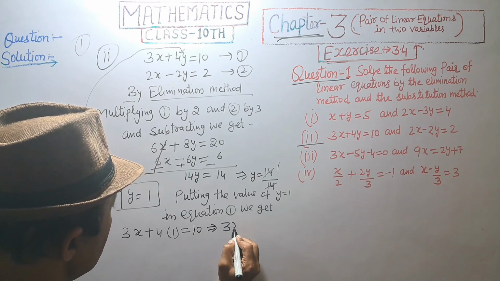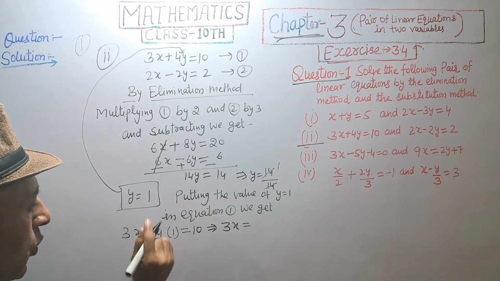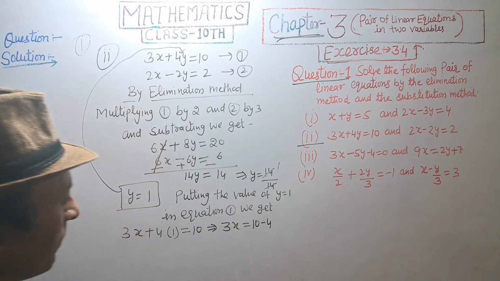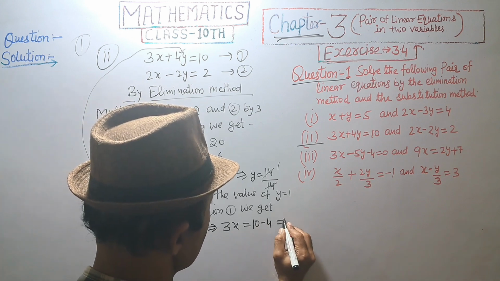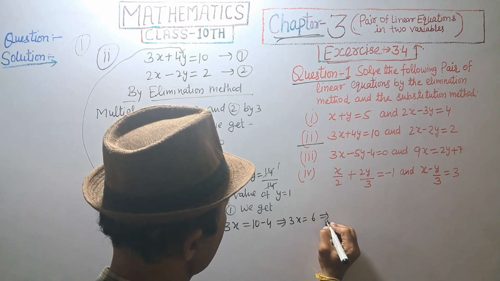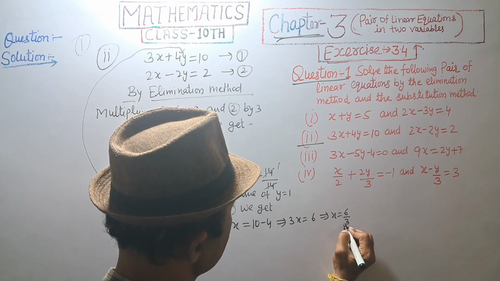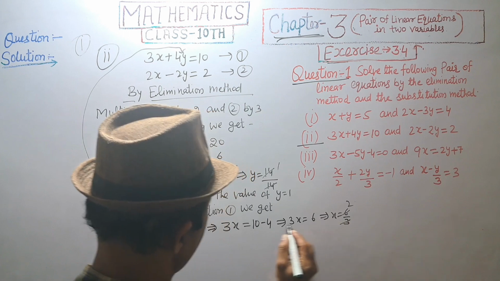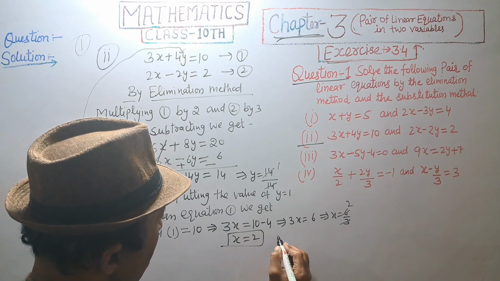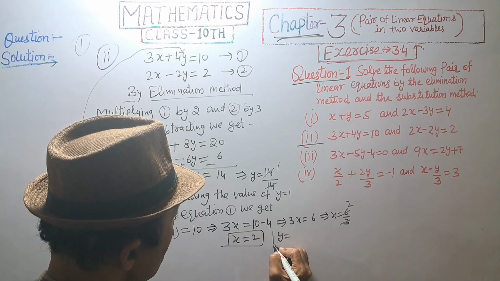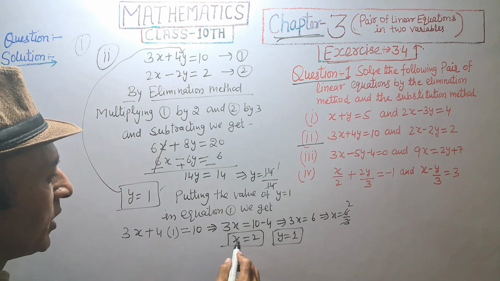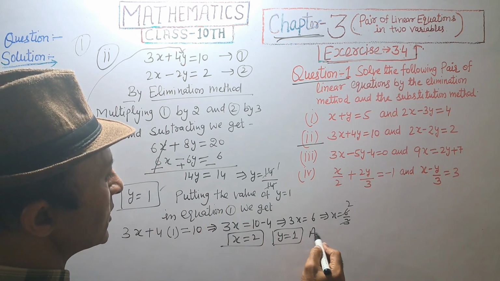This implies 3x is equal to, 4 1s are 4 and shifting to the right side, that is 10 minus 4. This implies 3x is equal to 6 and x is equal to 6 divided by 3, that is equal to 2. x is equal to 2 and y is equal to 1. x equal to 2, y equal to 1. Answer.